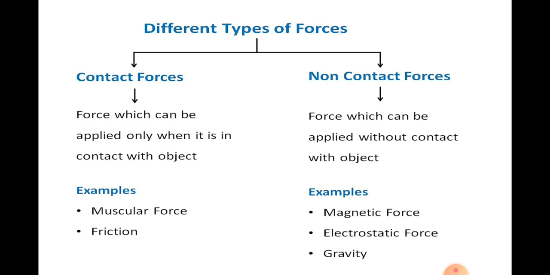The examples of contact forces are muscular force and frictional force, whereas the examples of non-contact forces are magnetic force, electrostatic force and gravity. Let us understand these forces in detail now.